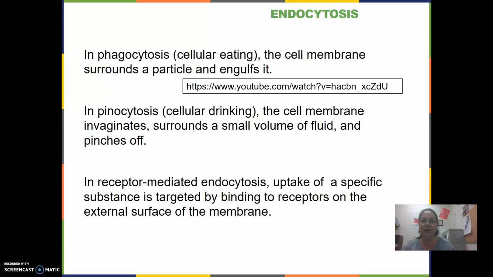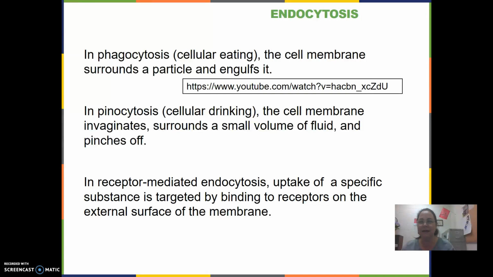In phagocytosis, or cell eating, the cell membrane surrounds a particle and engulfs it. And if you would like to watch this YouTube video explaining that or showing you that, this is slide 34. Pinocytosis, or cellular drinking, the cell membrane invaginates.